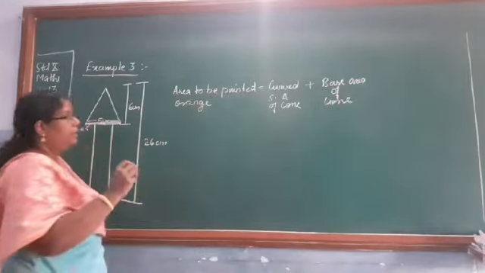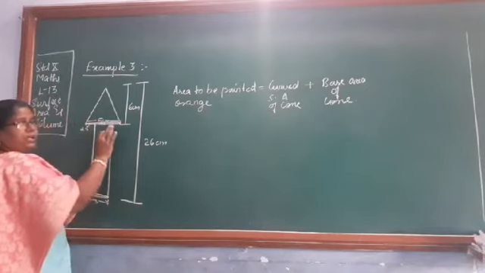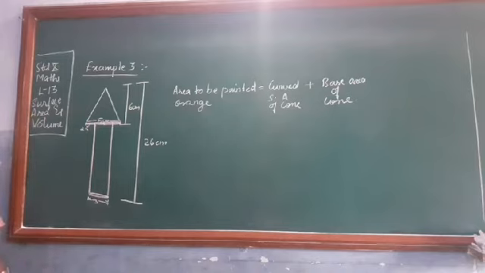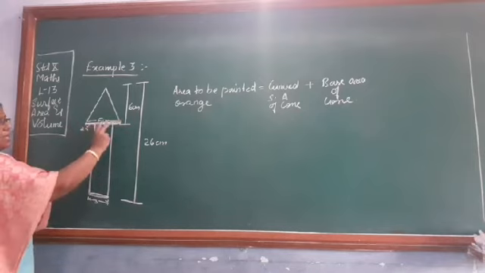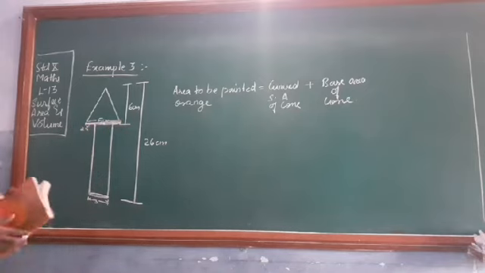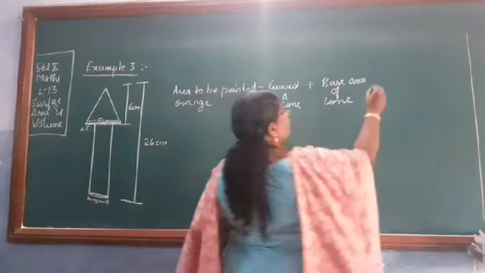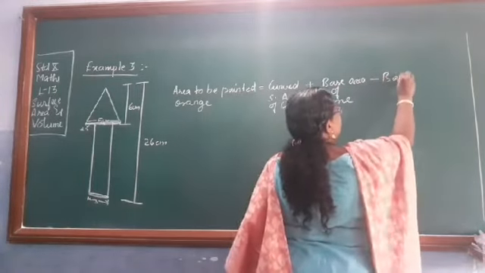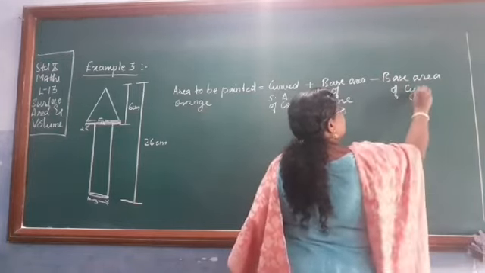But you remember that this particular portion is being covered by the cylinder, so that much part you have to remove. Up to here only has to be painted orange. This has to be painted yellow. So then that has to be removed. That is minus the base area of the cylinder.